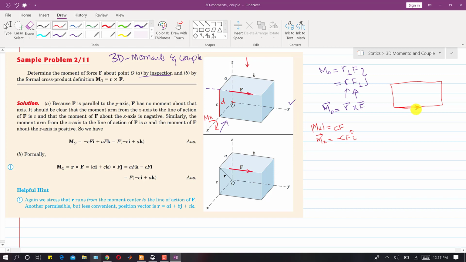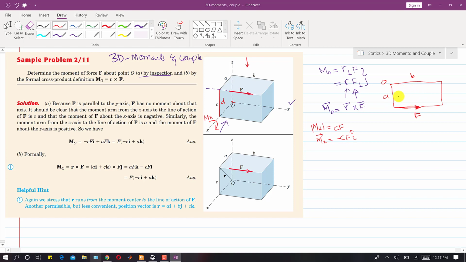This is that point O, and this is the length b of this cube. This is the width of this cube, and c is the height of this cube. So from the top it will look like this.